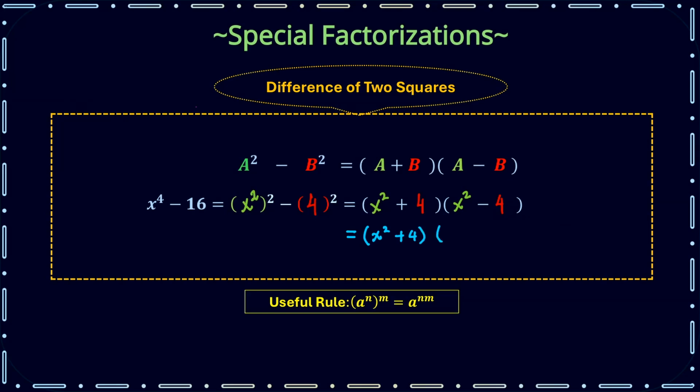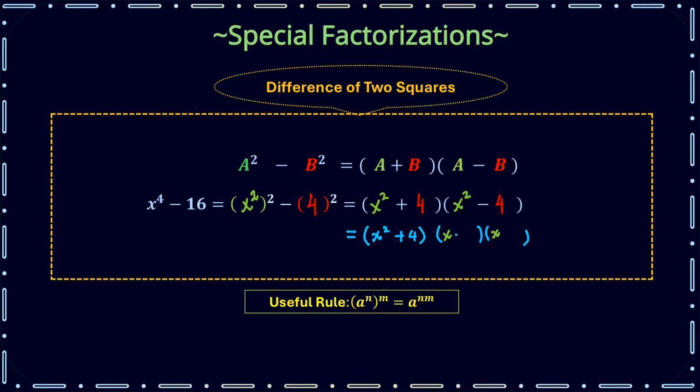And for x squared minus 4, that factorizes to a plus b, a minus b. If a squared is x squared, then a has to be x. So we have x, x. Let's write that actually in green.